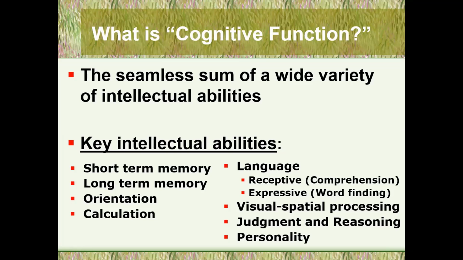With receptive function, you can hear those words, you understand what they mean, and you're getting the idea that I'm trying to communicate to you. A very complicated process. And people with cognitive dysfunction may have problems in one or both of these areas. Visual spatial processing is the ability to interpret what your eyes are seeing and your brain is interpreting of the world around you as you walk around the world.